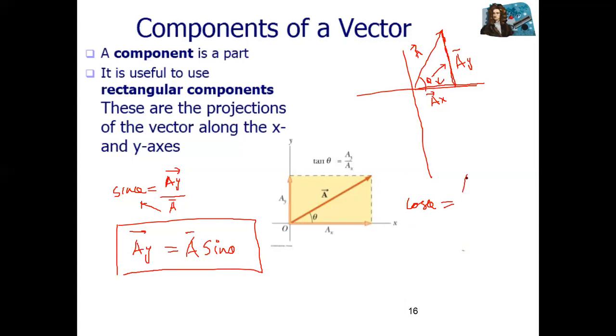Ax divided by A. If you multiply A on the other side as well, it means Ax is equal to A cosine theta.